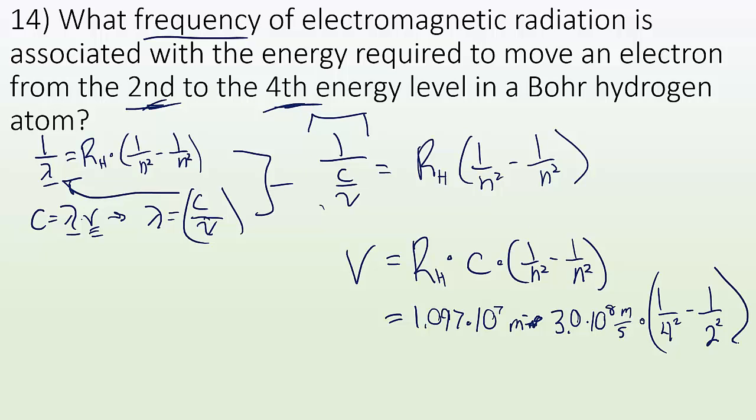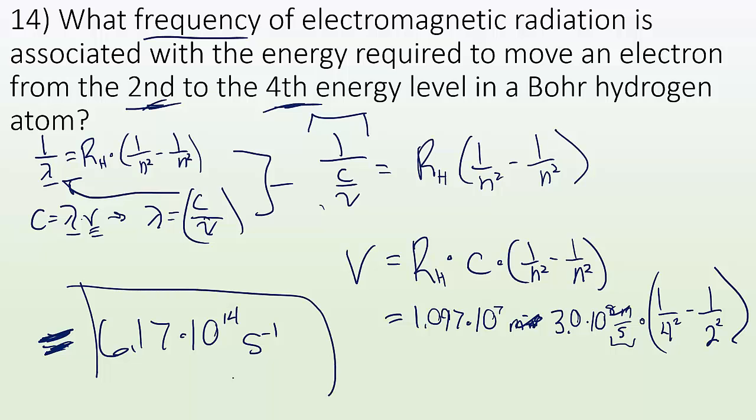Those are my n's. Calculating that, I get 6.17 times 10 to the 14 per second. Per meter times meter cancels out, leaving just per second as my unit.